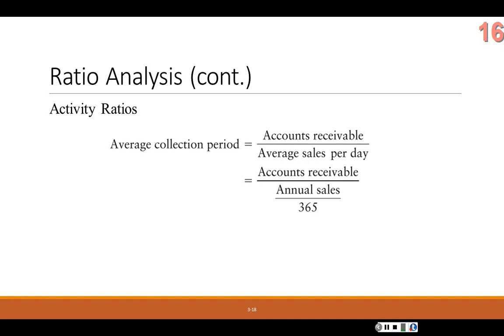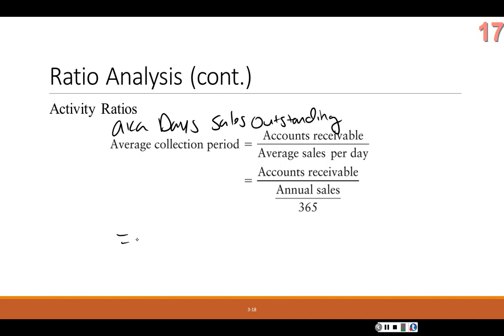Another measure that we can use is the average collection period, also known as days sales outstanding, and is equal to accounts receivable over average sales per day. We can calculate this for Bartlett Company.